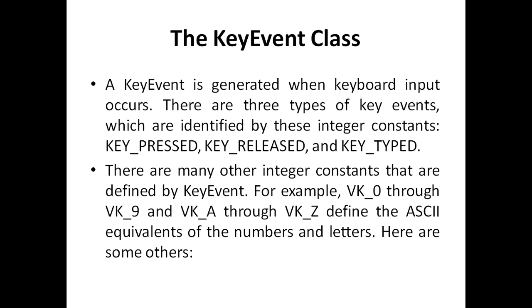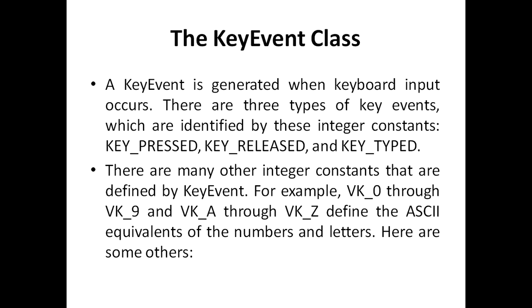A KeyEvent is generated when the keyboard input occurs. There are 3 types of key events which are identified by the 3 integer constants: KEY_PRESSED, KEY_RELEASED, KEY_TYPED. There are many other integer constants that are defined by KeyEvent.